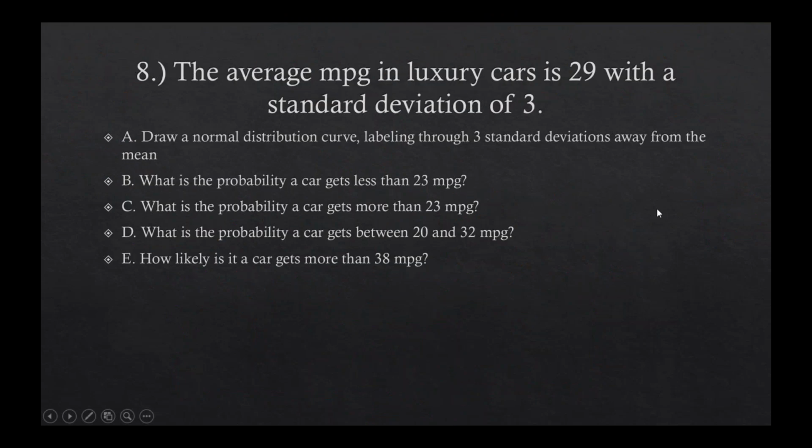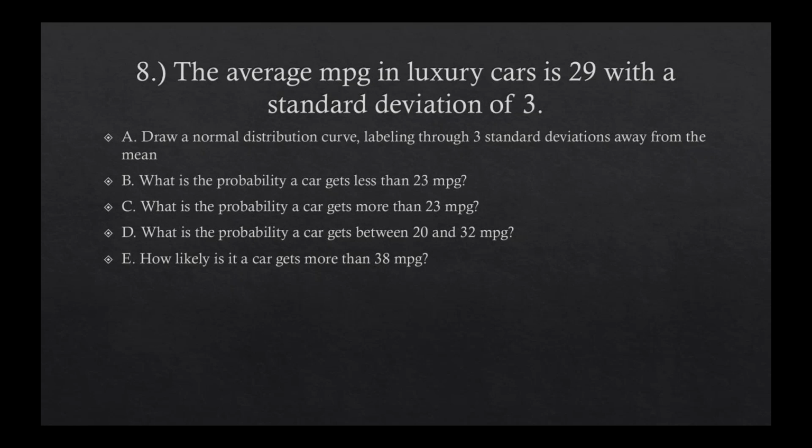All right, so we have a problem. The average miles per gallon in luxury cars is 29 with a standard deviation of 3. We're going to draw a normal distribution curve labeling through 3 standard deviations away from the mean. Then we're going to answer 4 questions. What is the probability a car gets less than 23 miles per gallon? What is the probability a car gets more than 23 miles per gallon?